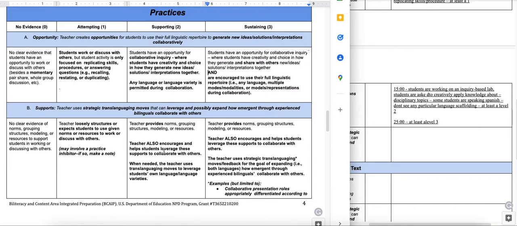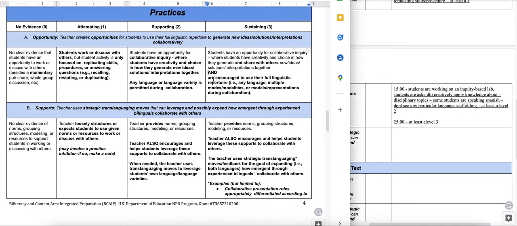So not only is the teacher providing routines or structures or scaffolds, they're really showing and explaining how students can use those scaffolds to access this collaborative inquiry, right?